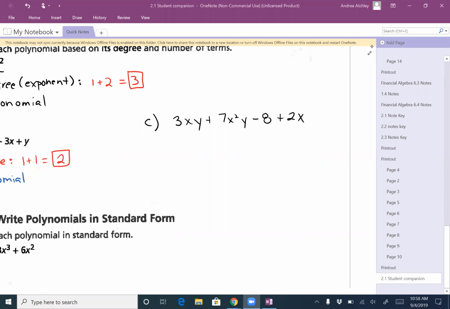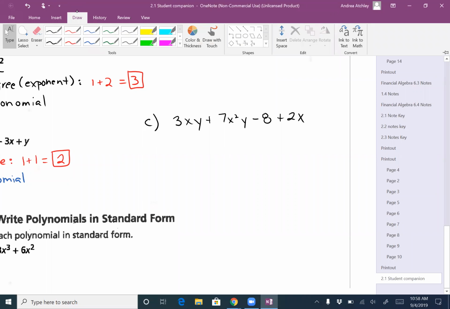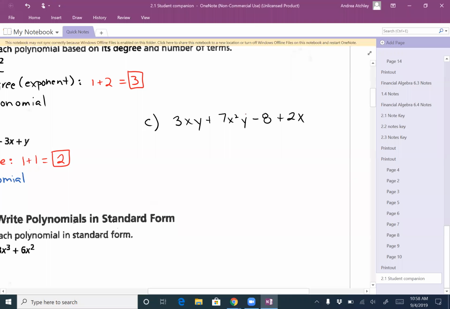Where's Nick at? Nick. Okay, what was the degree? What was it? 2. And which term had the highest degree? Very good. So remember that y has a 1. So would the degree be? Very good. So the degree is 3. The 2 and the 1 becomes 3.